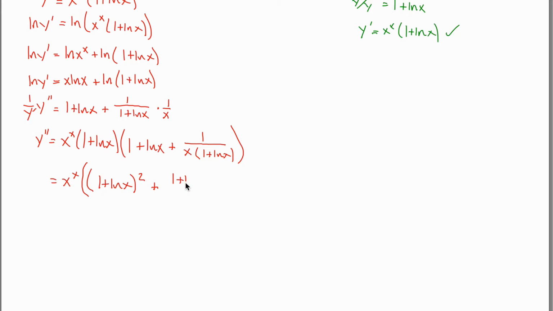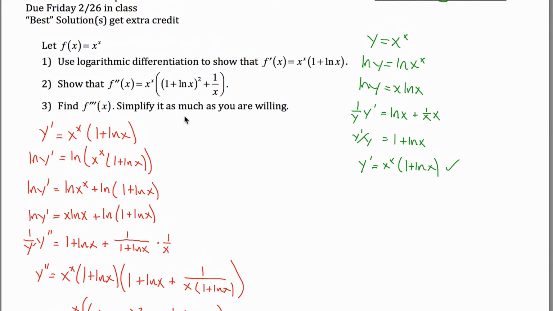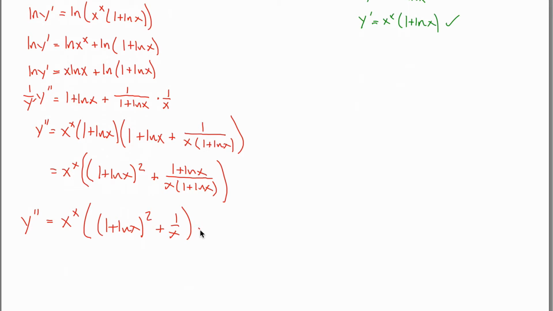So I get 1 plus the natural log of x divided by x times 1 plus the natural log of x, which simplifies to x to the x times 1 plus the natural log of x squared plus this 1 plus natural log of x and this 1 plus natural log of x cancel. I get here. So my second derivative is this, which I think is exactly what I was supposed to come up with. Yep, that looks pretty good.